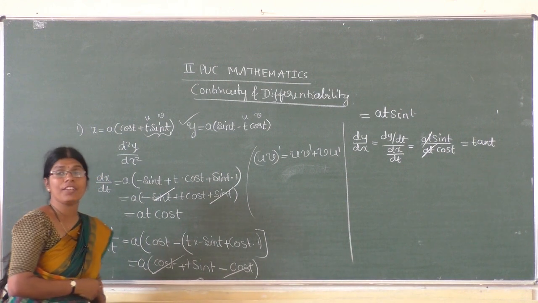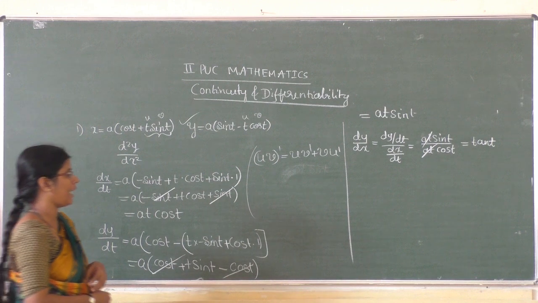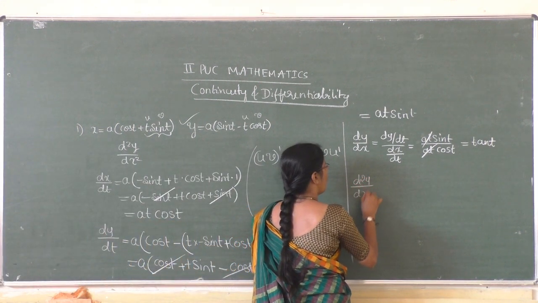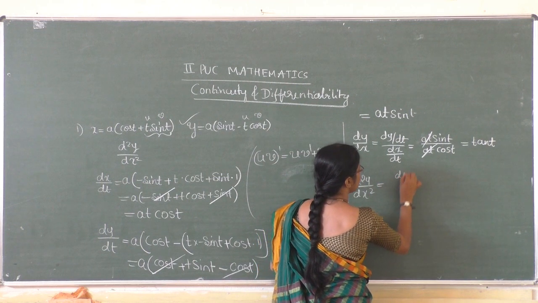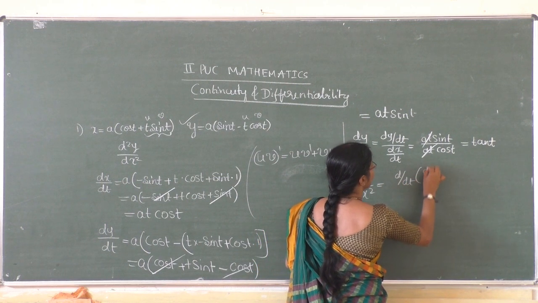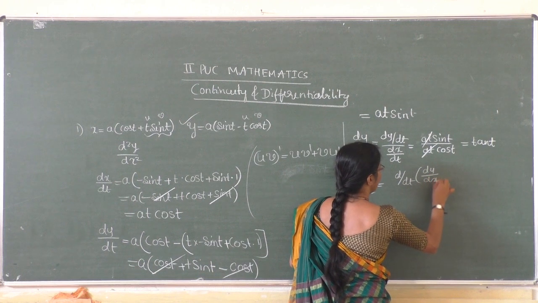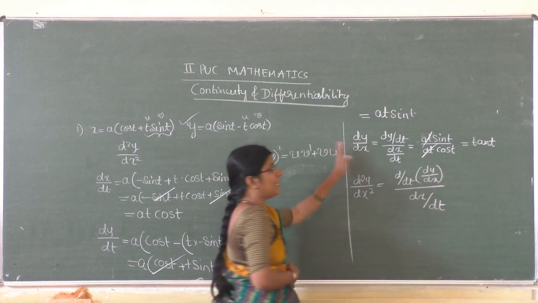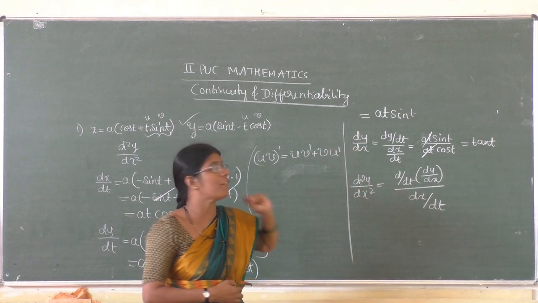Next, once again we have to differentiate with respect to x. So d square y by dx square, I already told the formula, is d by dt of dy by dx divided by dx by dt, because dy by dx is a function of t.